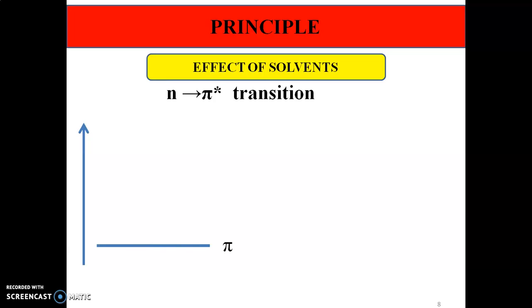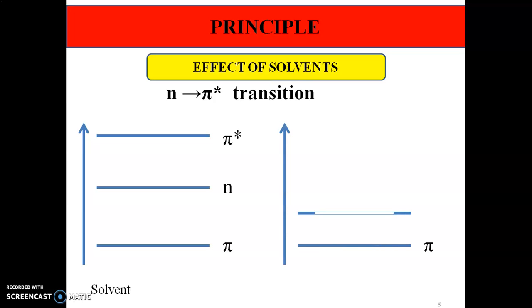The reason behind this is the non-bonded electrons on the oxygen atom form hydrogen bonding with the hydroxylic solvent. The hydrogen bonding formation lowers the energy of the n electron.